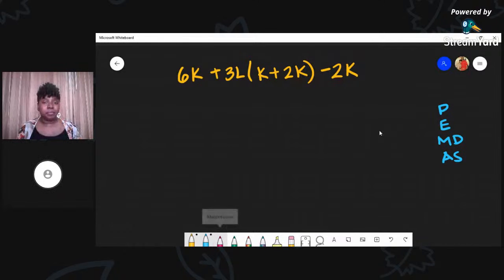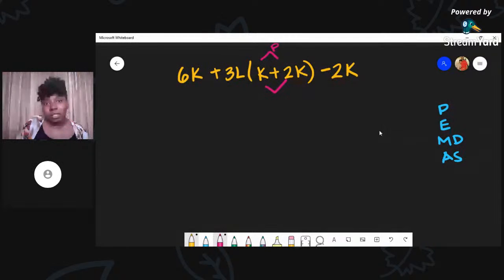Okay. We have multiplication. Well, okay, we'll start from the top. We have parentheses. Now, first things first, can I combine anything in my parentheses? You can, because they have the same variable. Awesome. Okay, so K plus 2K. 3K. Good. What's here next to this K, even though I don't see it?